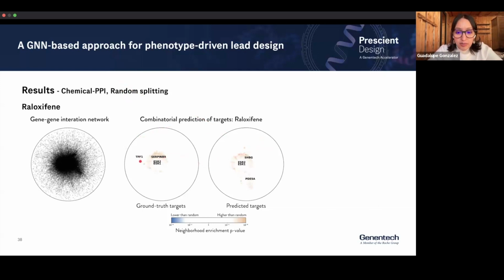Here we see that estrogen receptors 1 and 2 were predicted correctly, but the other two targets were not predicted by PDGrapher, but instead it predicted SHBG and PDE5A. However, we see that the spatial enrichment looks quite similar, except for this enrichment around PDE5A.